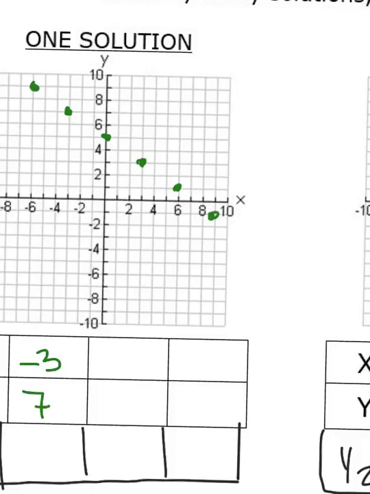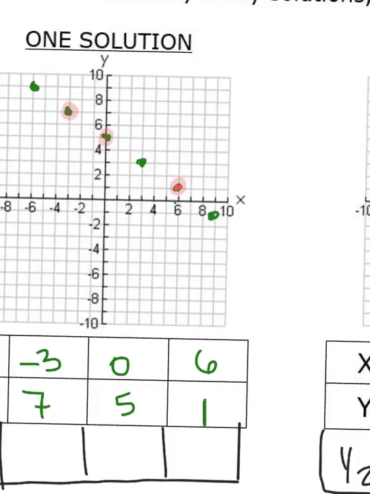I'll do the y-intercept of (0, 5). And then I'm going to go with this one of (6, 1). Now, because I'm picking these points: (-3, 7), (0, 5), and (6, 1).